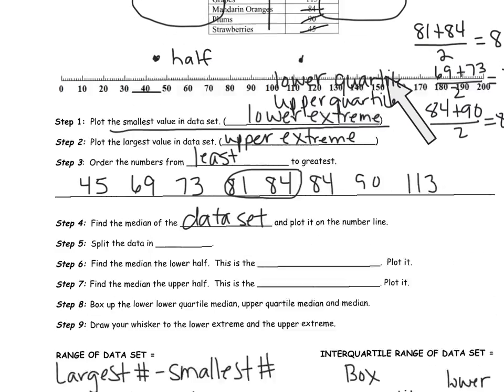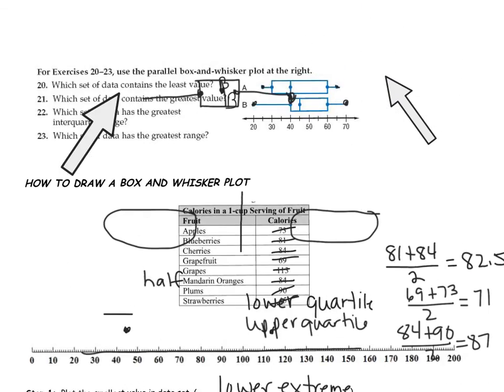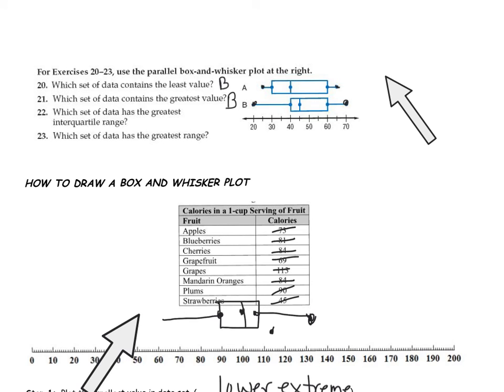Now let's go back up to the top of your paper, and we're going to answer a couple of these questions. Question 22 says, which set of data has the greatest interquartile range? Now that we know what that means, I can see that the upper quartile for A is at 60 and the lower quartile for A is at 30.